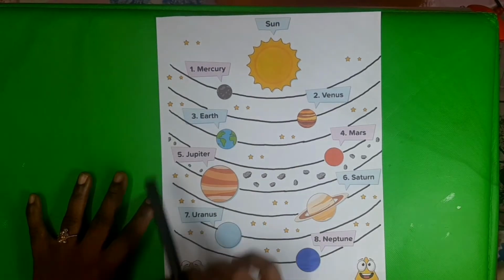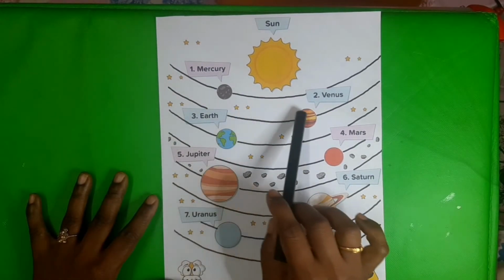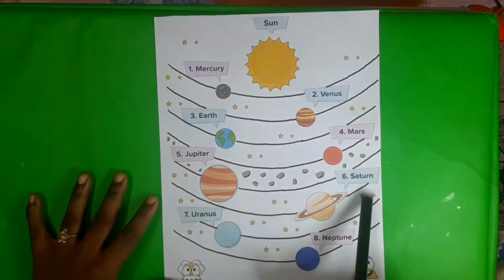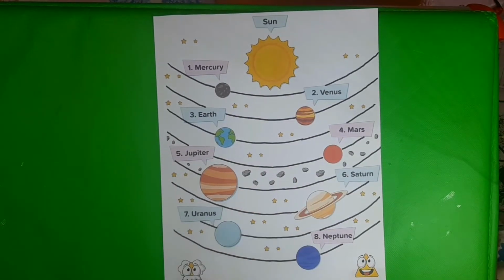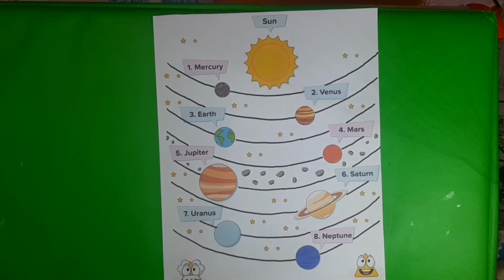Now all of you got to know at least one or two pieces of information about all the planets in the solar system. Now let's see the interesting fact which some people may not know: why Pluto was removed from the planetary list. We have learned 9 planets in this solar system during our school days.